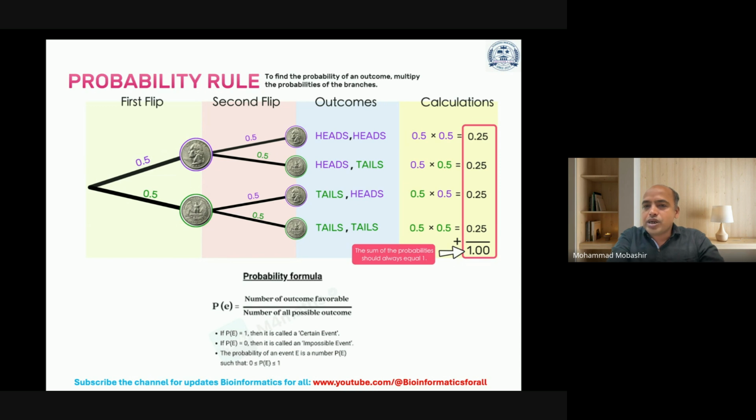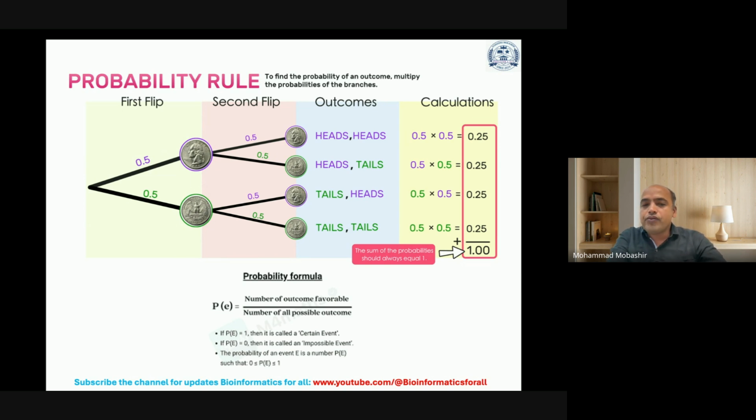That is what you are seeing, 0.5 into 0.5 equals 0.25. Similarly, it could be done with the others. If you add all these four outcomes, the total probability is 1.0. So the total probability can never exceed 1.0.